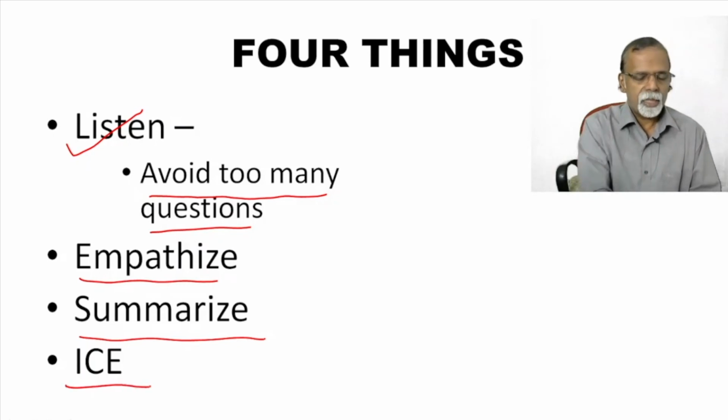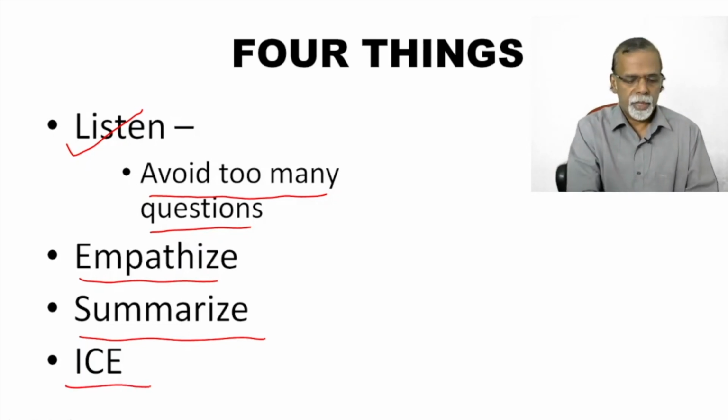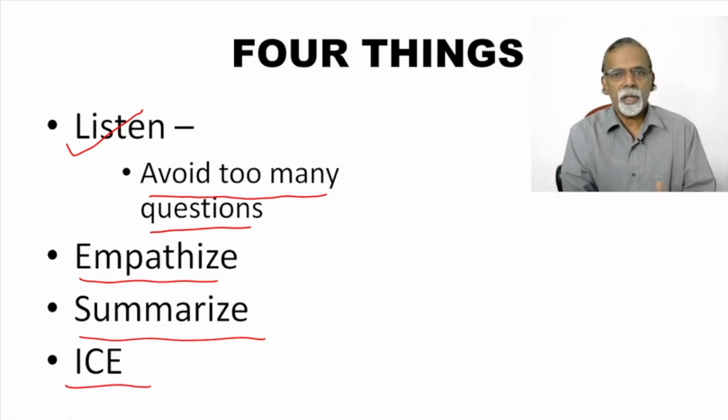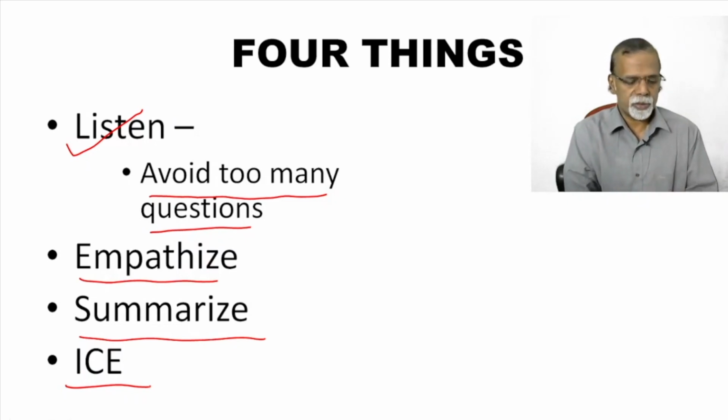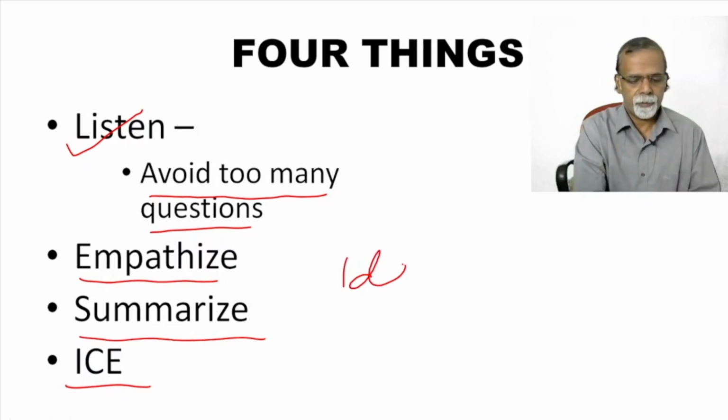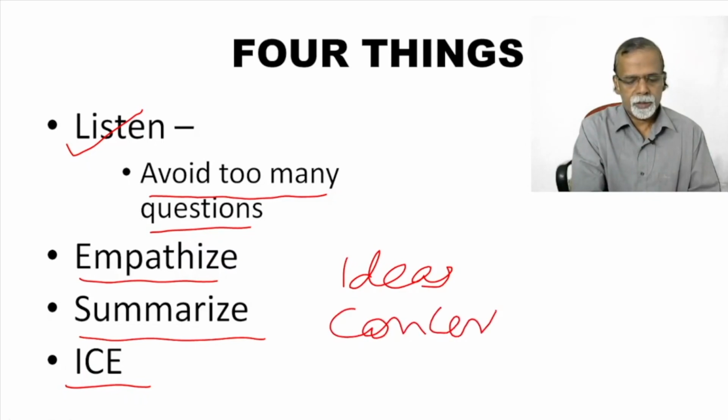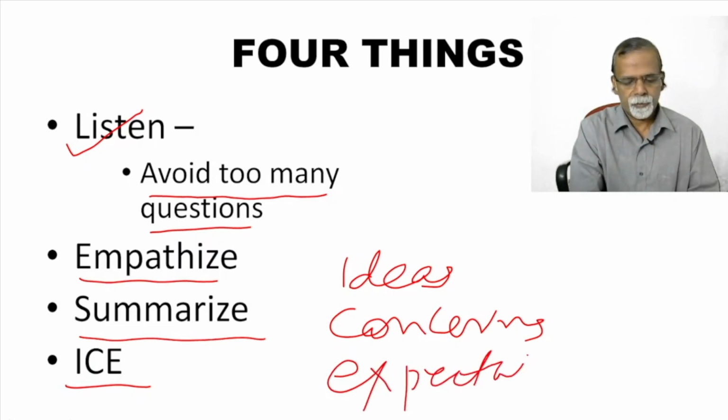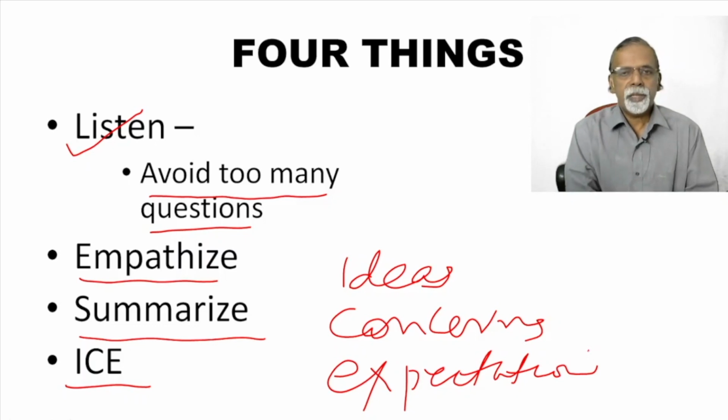Next is ICE. I stands for ideas, C stands for concerns, E stands for expectations. So many patients are coming to you with a lot of anxiety. They have had certain prejudices regarding the disease.